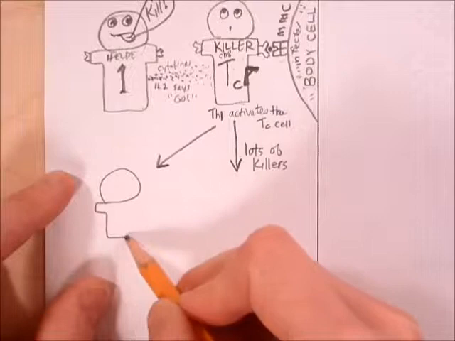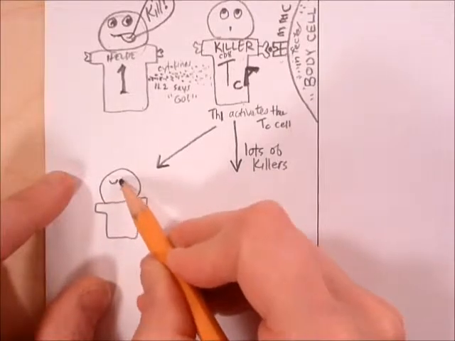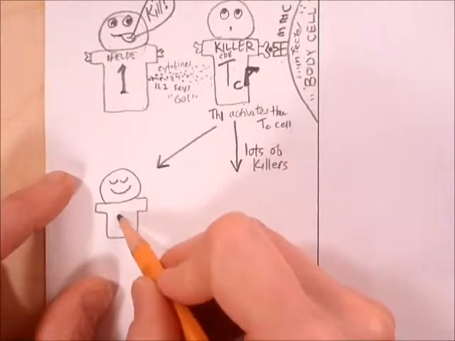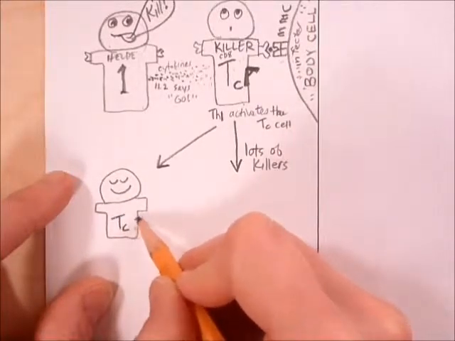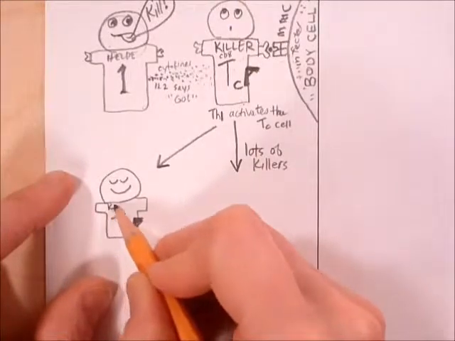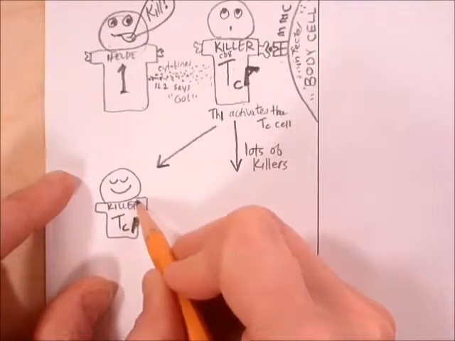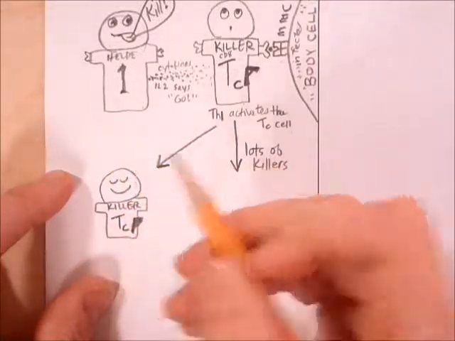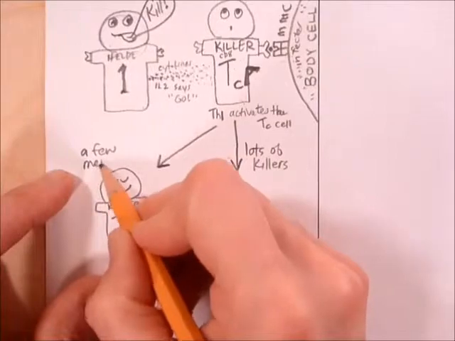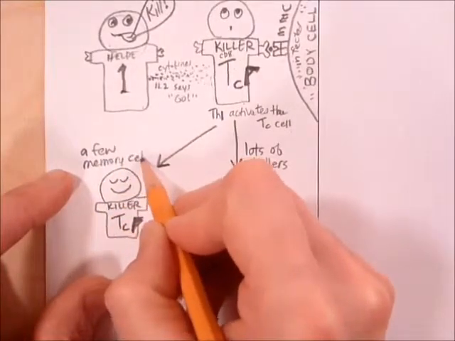a little guy. With his eyes closed, he's remembering. And he's a killer. T sub C there. Cytotoxic. You can put killer on his chest. However, he's a memory cell. A few memory cells.